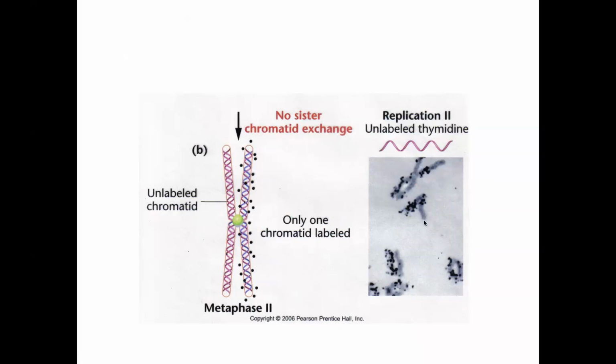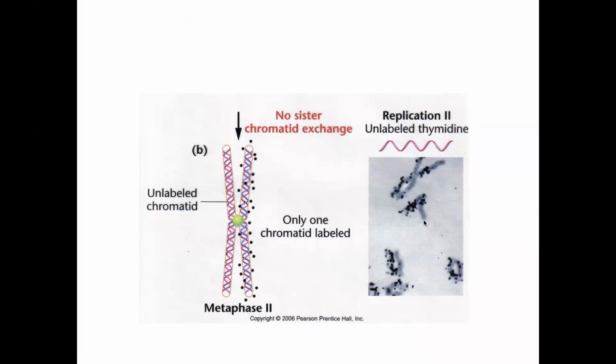But you don't see that. You see only one of the two sister chromatids being radioactive. So the DNA within the chromosomes of Vicia faba must be replicating semi-conservatively. So again, a very simple, elegant experimental design that answers a fundamental question, and it extends the conclusions of Meselson and Stahl, and eventually it's universally accepted that for any organism's genetic material, the way by which it replicates is semi-conservative replication.